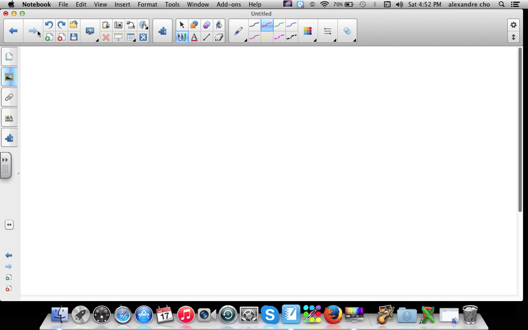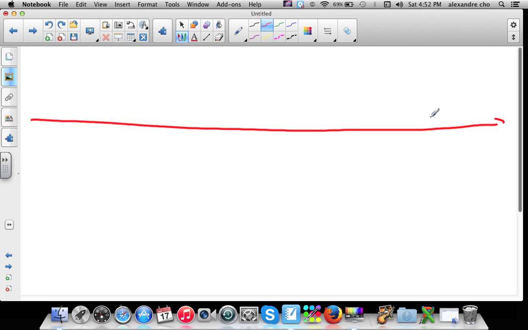Next one, and it looks like we're getting to an end here. Let's draw a number line, hopefully a little bit straighter this time.